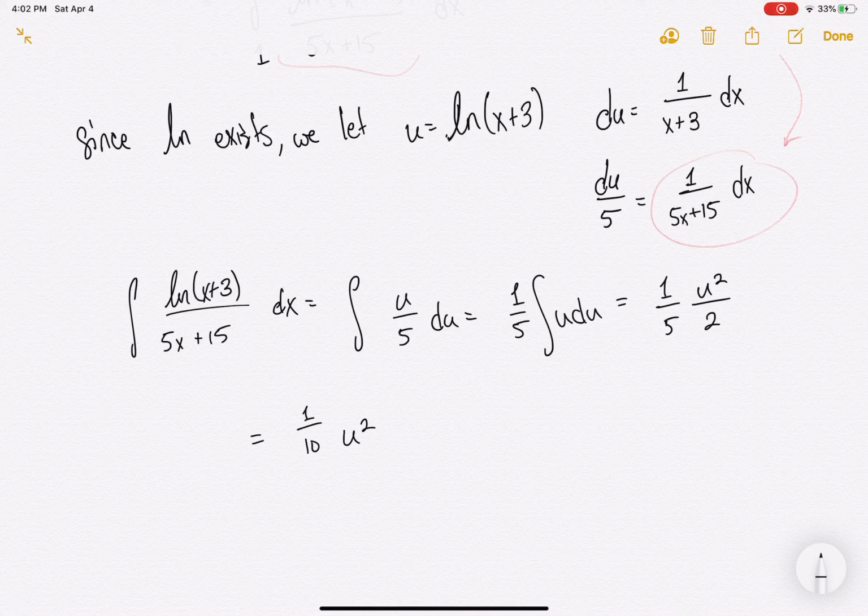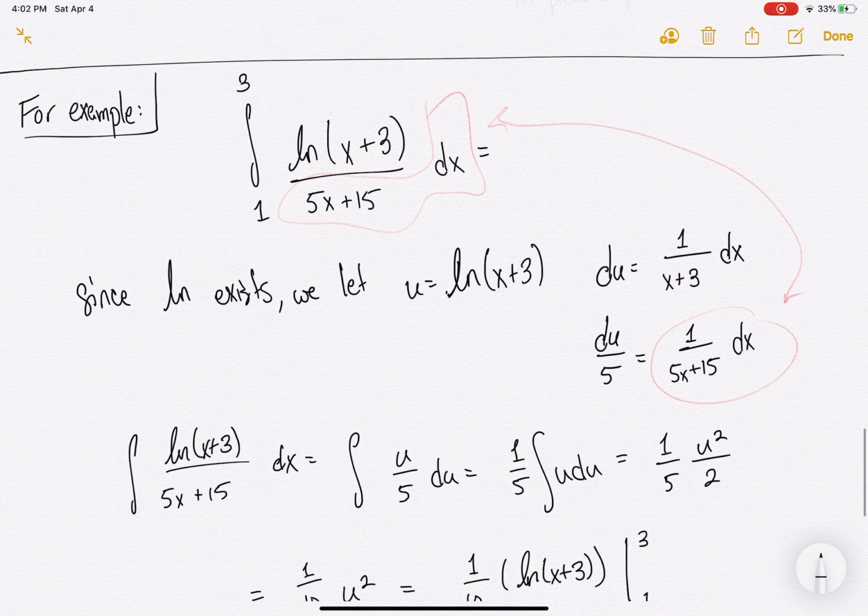u squared, and then we substitute back in u in terms of x unless we want to change our bounds, but I hate doing that. Natural log of x plus 3, it's sitting above. Now we have our bounds of 1 and 3, right? Those are our bounds, 1 and 3.